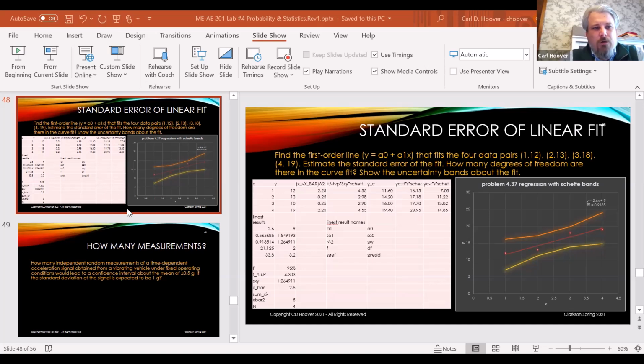So x bar, let's see where I computed that. X bar is B18. Yeah, so right down here I have my X bar and some other statistics here. I've got my T statistic at 95% is 4.303 for n samples. X bar is 2.5, and sum of xi minus x bar squared is 5.